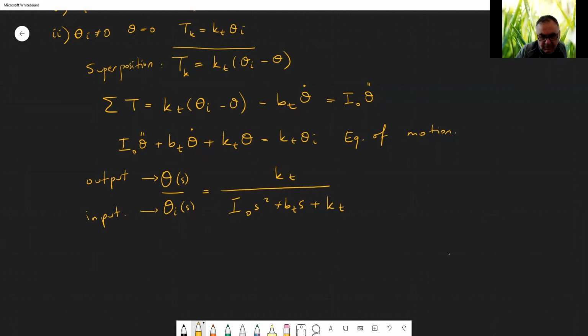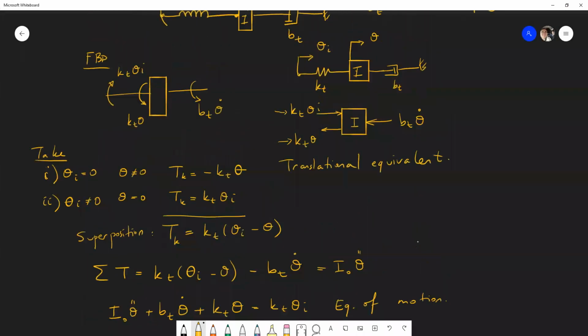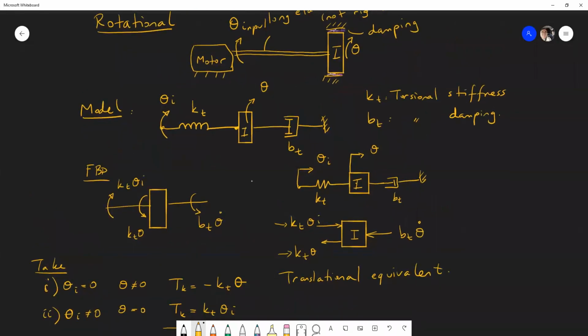Let's take a break here. May I ask something about the superposition thing? Yes. So like we said, theta I and theta are connected to each other because of the spring, so theta I differs from theta because of the spring effect. So how can theta I be zero when theta is not zero? No, we assume that it is zero. We just superimpose them on each other.